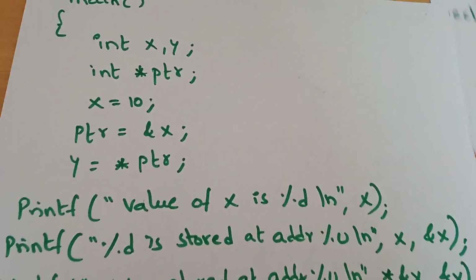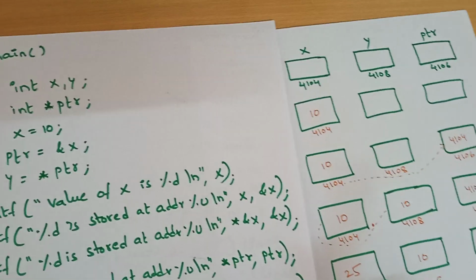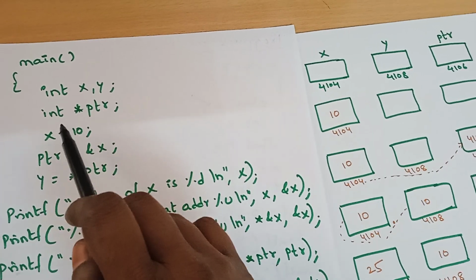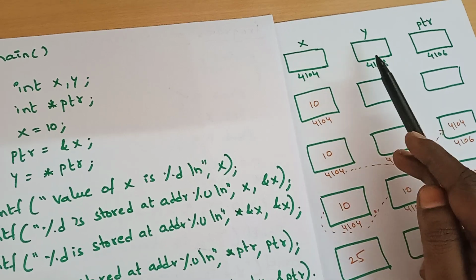Now we'll do it with an example. Okay, now look at this. int x, y and int *ptr. So now x, y, ptr.